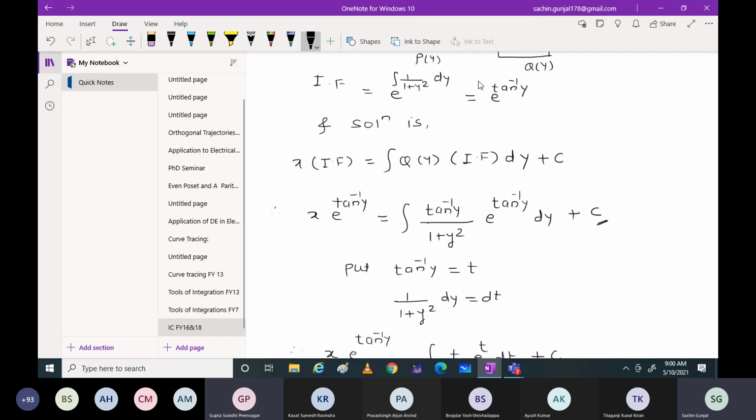If we include the constant and then multiply it with the equation, the constant will also get multiplied with the equation, and then we won't be able to get rid of that constant. Sir, we'll get the integration constant as e power tan inverse y into e power c. So it will be in both the terms, like in x into e power tan inverse y into e power c, and in the second integration, the e power c will come out as common.